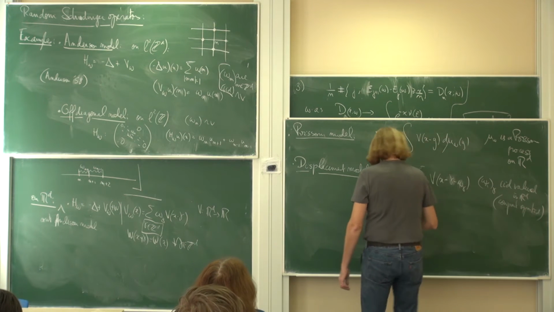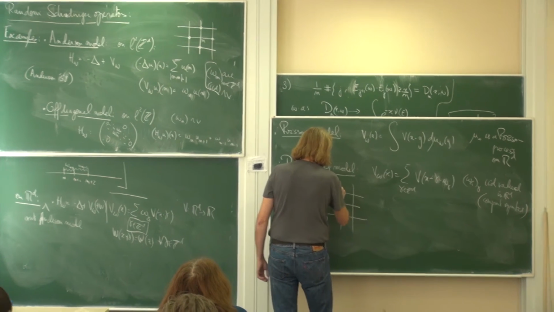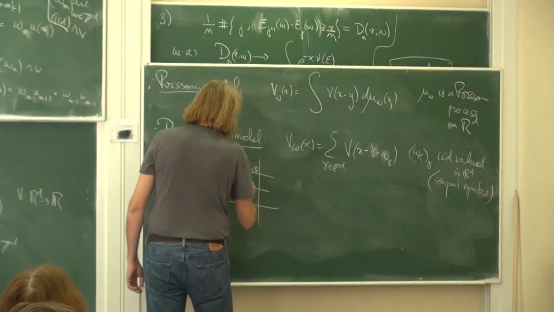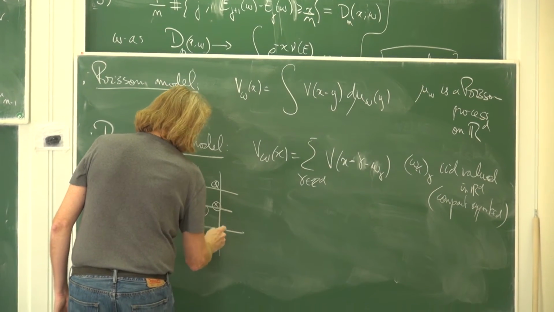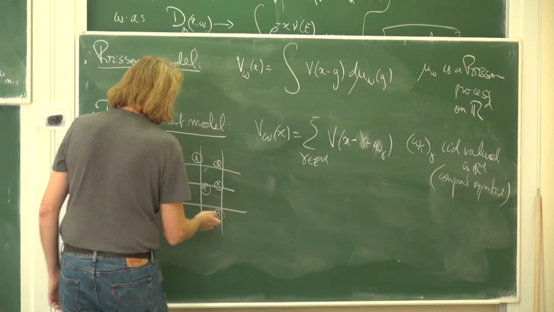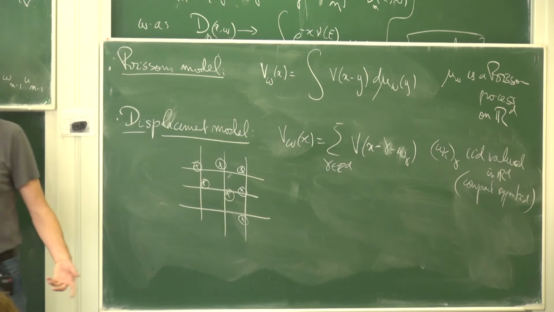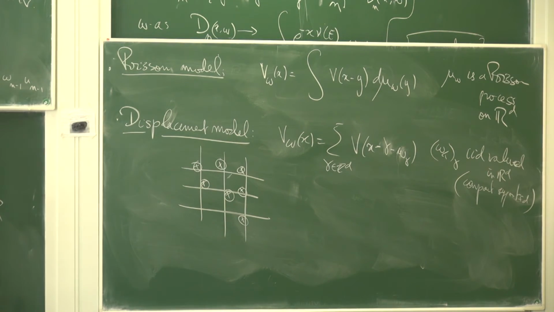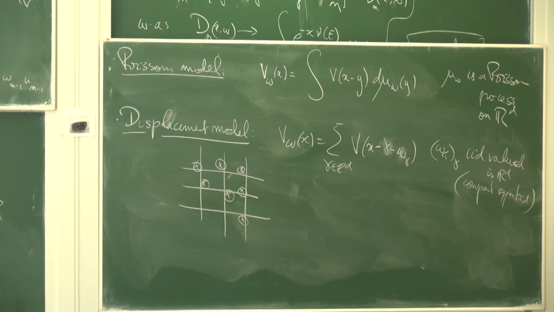So roughly what you're doing, instead of putting your perturbation at the point of the lattice, you are moving it away from the lattice, randomly. So this is also called dislocation models. There are a number of names for that. Okay. And there are a number of common features that all these models will share.